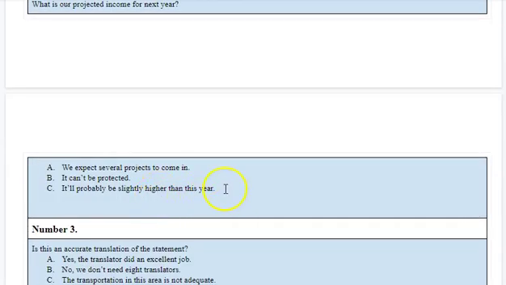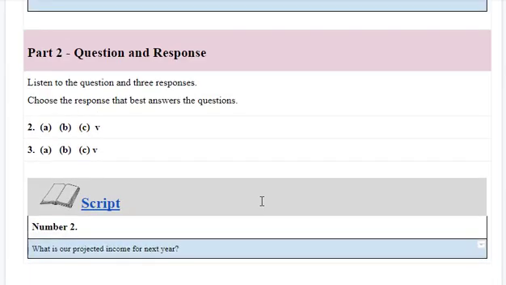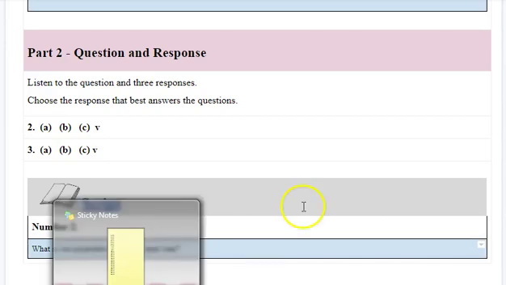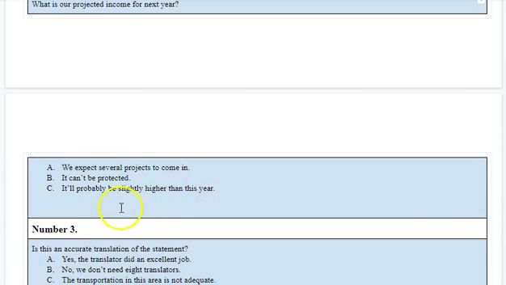What is our projected income? Are you sure?